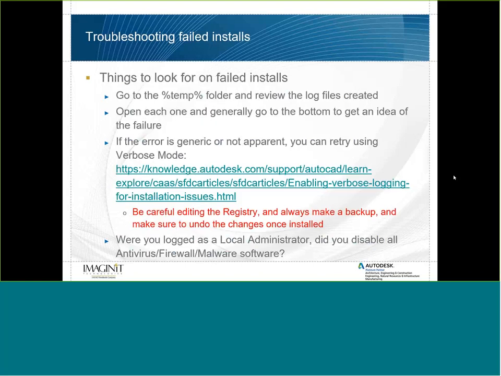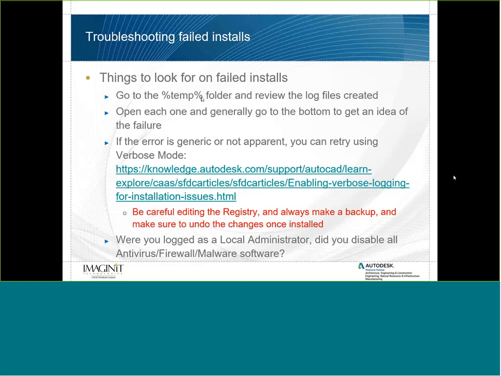Right, troubleshooting failed installs. If you have a failed install, one of the things we like to do is go to the %temp% folder. This is how you know exactly where to go. You click Start, go to the Run box, or hit Windows key R to run. You type in %temp%. You can also put %temp% in the Windows Explorer box.